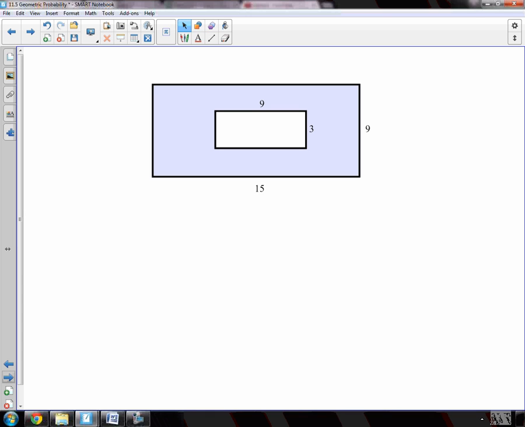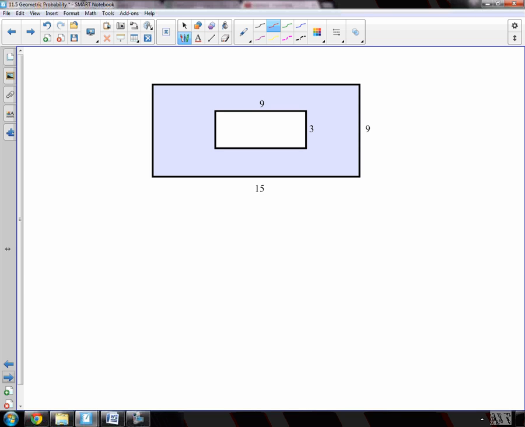So the first couple of steps are going to be exactly what we've been doing the past couple of days in class. Where first we need to find what is the area of the shaded region. How can we find that region for this one? Bert, do you have any ideas for this one? The area of the shaded region, we take the area of the rectangle, which is 9 and 3, okay, 27, and you subtract it from the overall area of the rectangle, which is 135.